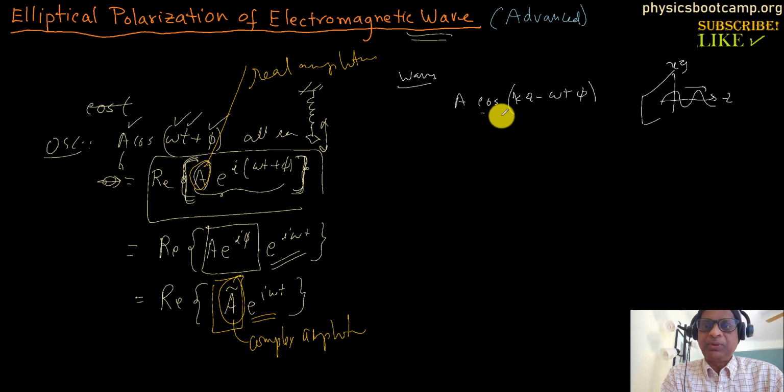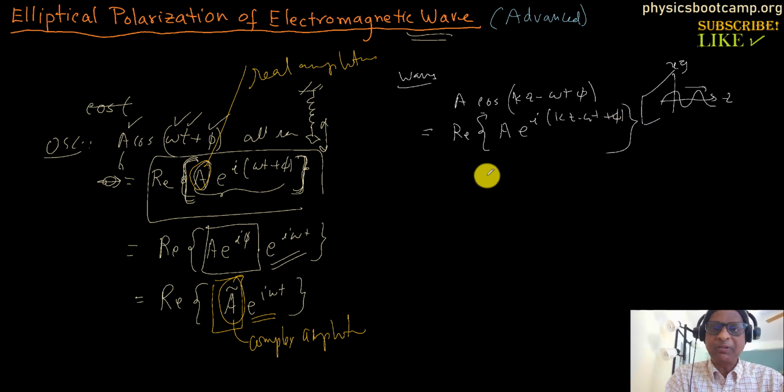So this wave, if I'm going to use a complex thing for analysis purposes, I'm going to write this as the real part of A e to the i (kz minus omega t plus phi).